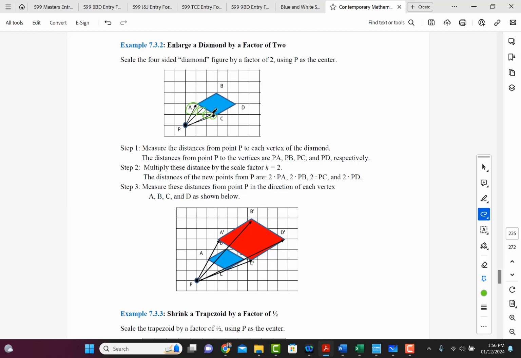So now, once we measure those distances, we're going to double them in the direction of the arrows to get these points. And once we get those points, all we have to do is connect the new figure, the enlarged figure in this case, with a straight edge. But again, we're just following the same 3 steps.